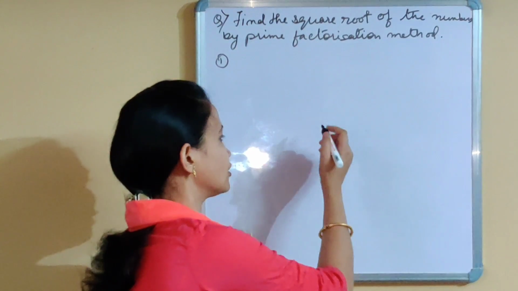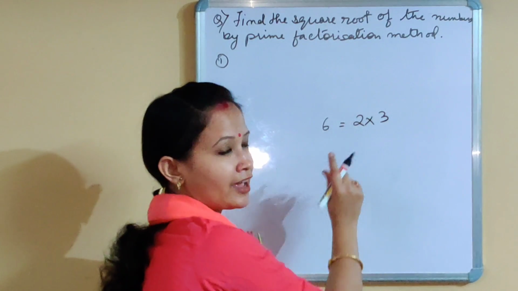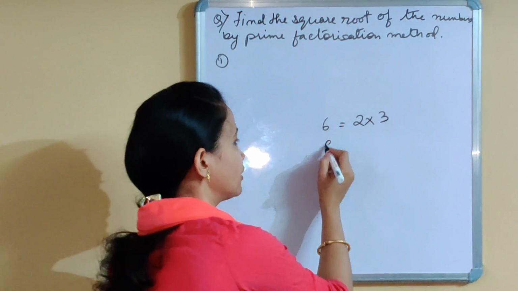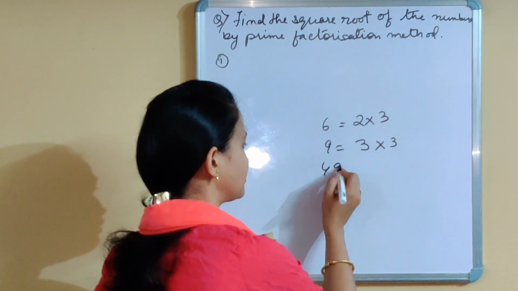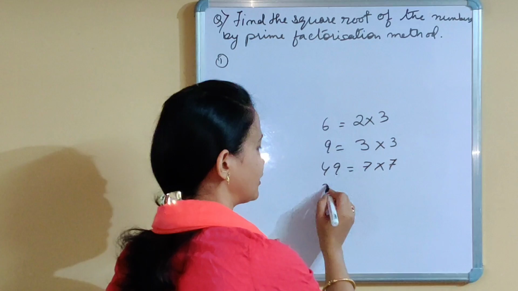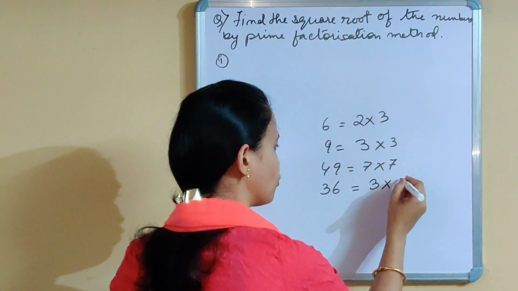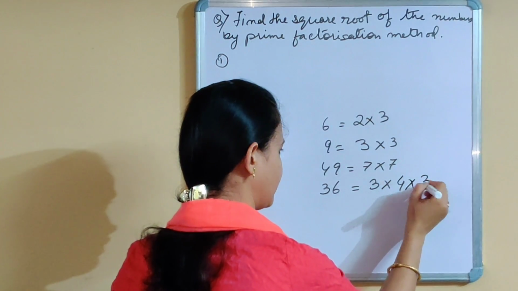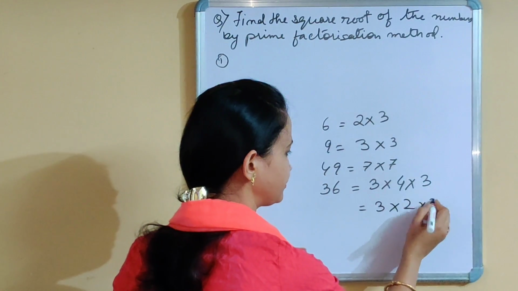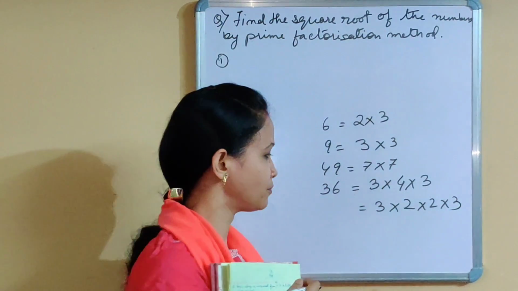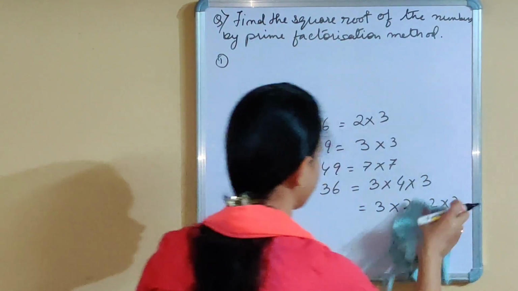Like suppose 6, if you split it, it comes out to be 2 into 3, where 2 and 3 are prime numbers. 9 is 3 into 3, these are prime numbers. 49 is 7 into 7. 36 will be 3 into 4 into 3, and this 4 we can further split. So the actual prime numbers are 3 and 2. These are called prime factorization.